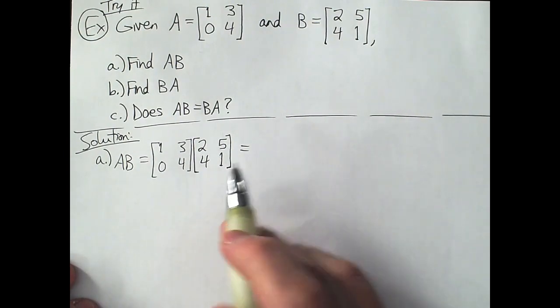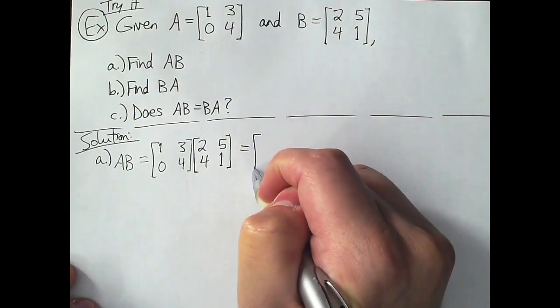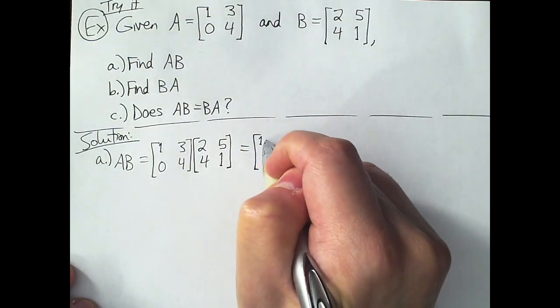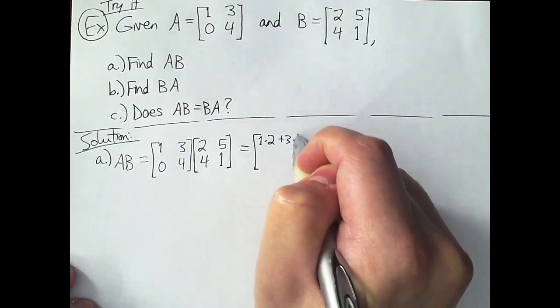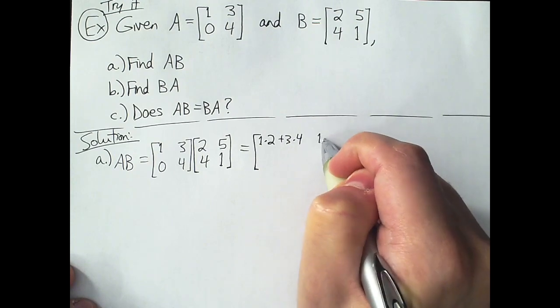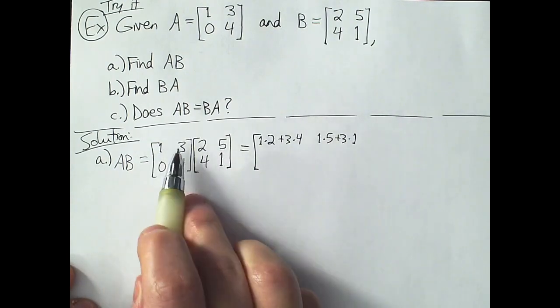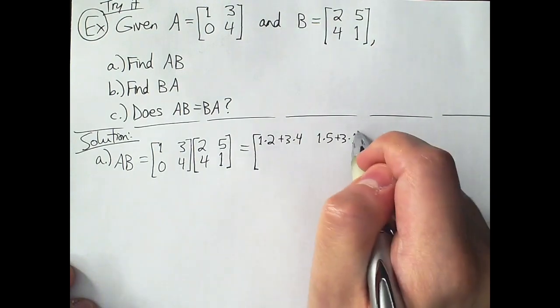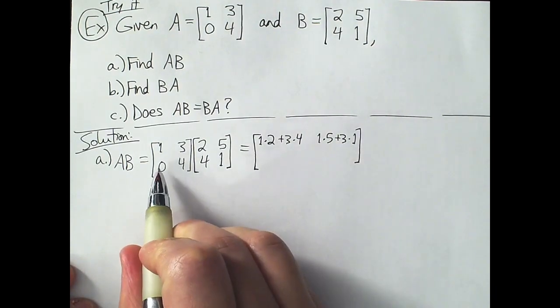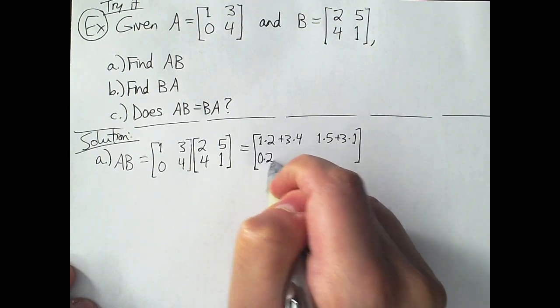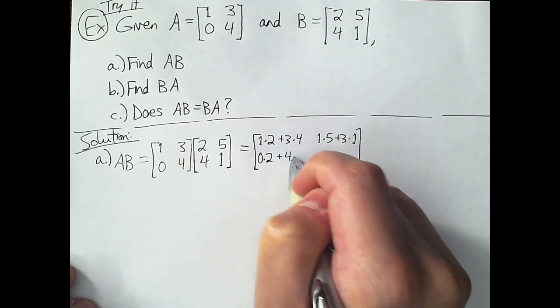I think it helps. This helps me see that I need to do 1 times 2 plus 3 times 4. I need to do 1 times 5 plus 3 times 1. See where the 1, 5, and 3, 1 came from? I need to do 0 times 2 plus 4 times 4.